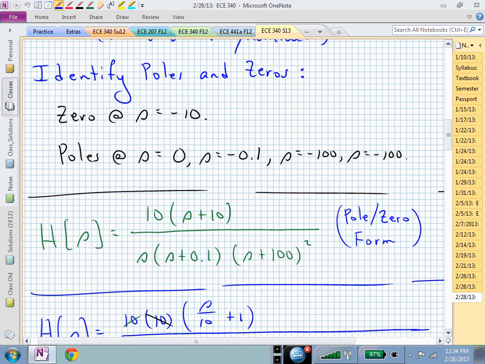With those poles and zeros identified, the denominator was already monic, meaning the highest power of the S term had a coefficient of 1, and we can then simply write down its factored form. The numerator, we can pull out the 10, and now we have a gain term, the zero factor, and the pole factors explicitly identified in the pole zero form.